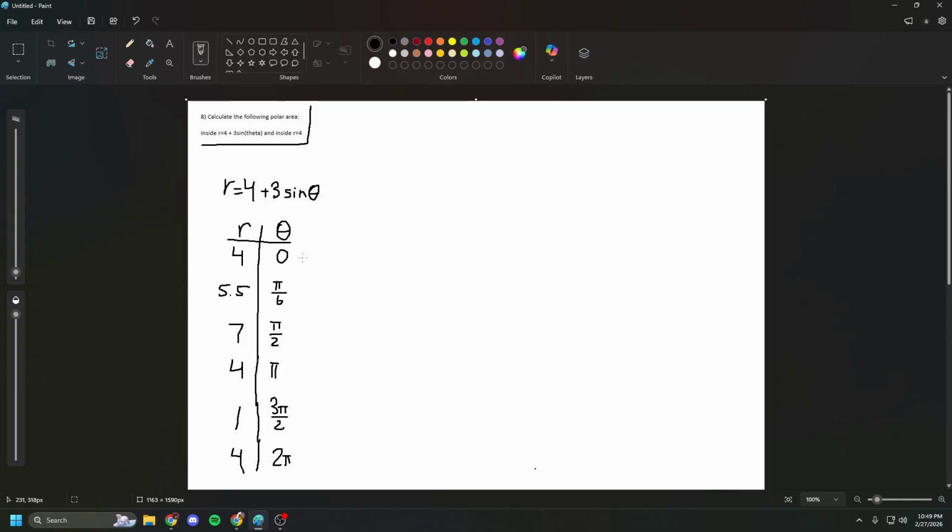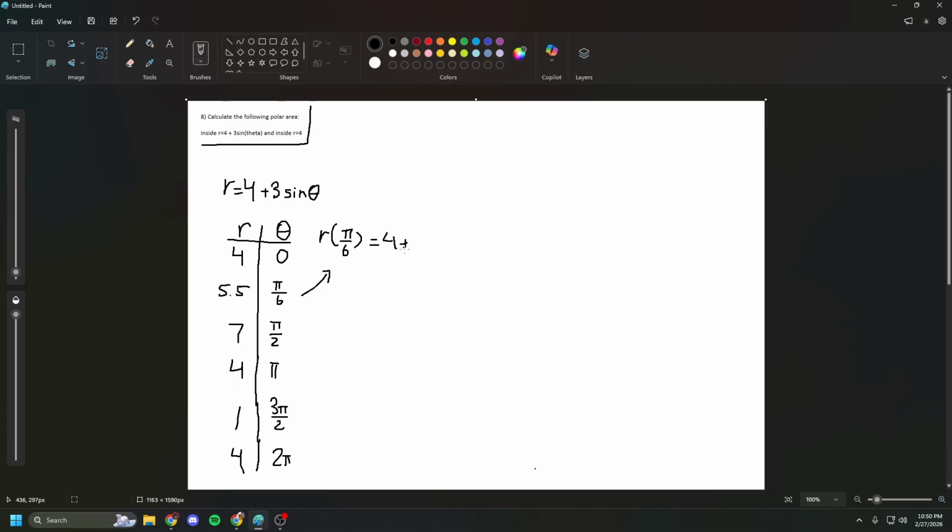I'll write out one of these equations in detail. What we're doing is basically putting in r of pi over 6, as if we consider this a normal function.